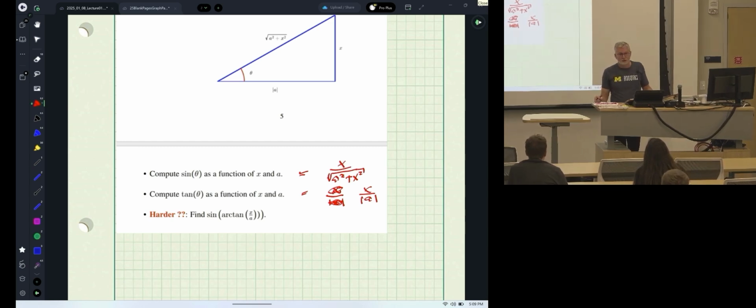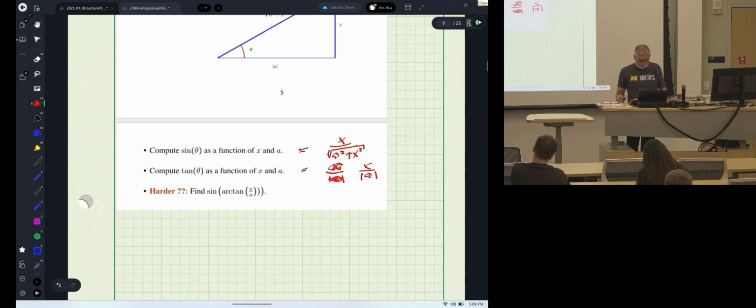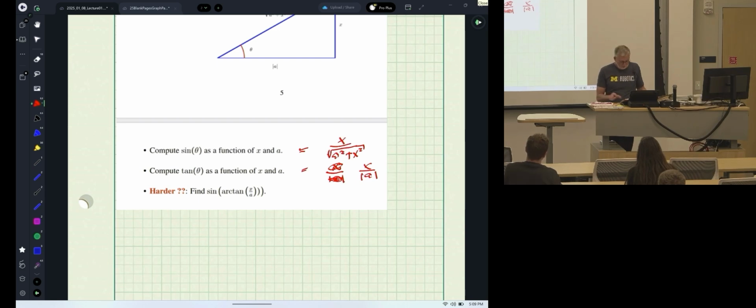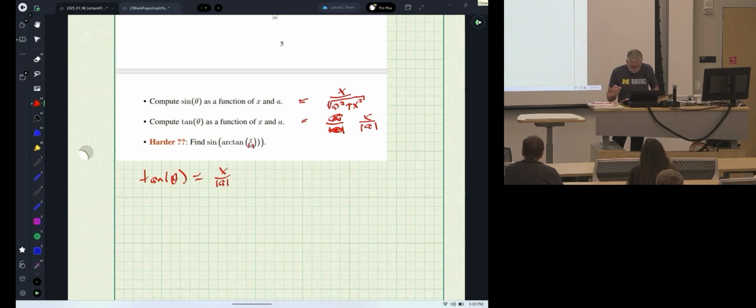arctangent, what is that? It's the inverse of the tangent function, right? So what is sine of arctangent? If somebody's got it, shout it out. X over... Oh, it's the sine of theta. Yeah, and why is that? Because tangent of theta equals x, I should have absolute value of a there, okay?